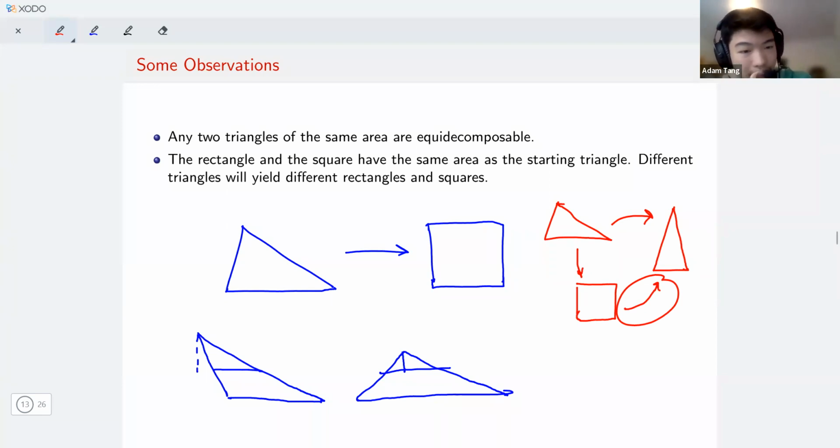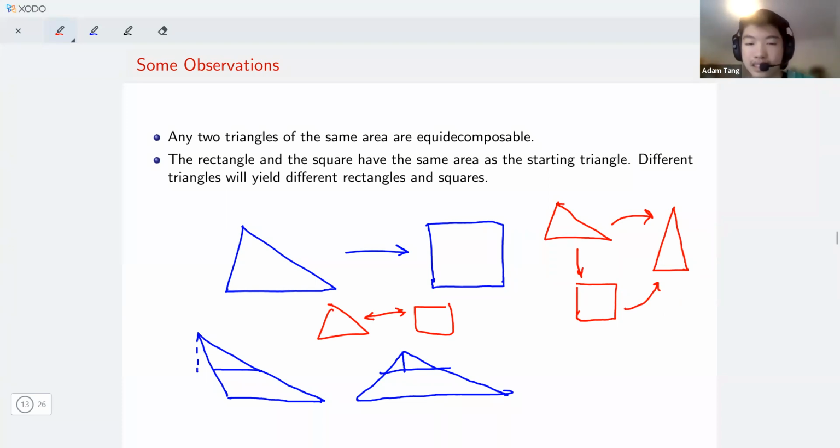If you have a shape that is equidecomposable with another shape, then you can turn this shape into the other. We just reverse the process and we get the other way. So we can also turn squares into triangles. Therefore, this triangle and this triangle must be equidecomposable because they have a common square.